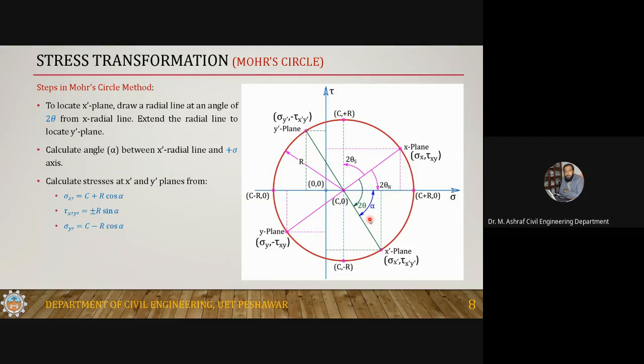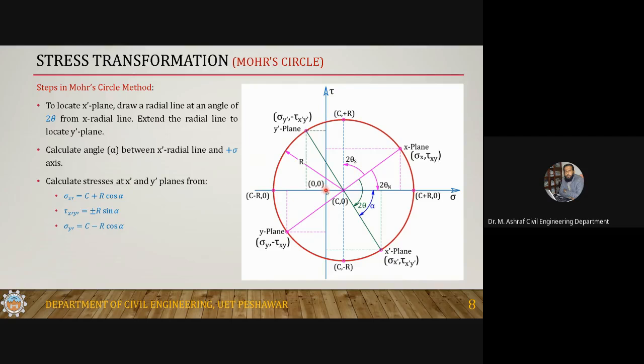So if this is alpha, you can calculate the coordinates. How to calculate this coordinate, sigma x prime? This one is r cos alpha. Yahan se from this point to this point, this is r cos alpha, because this is the cos component of r, and this is c.